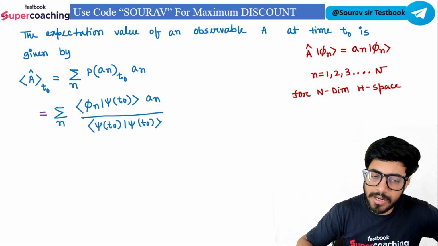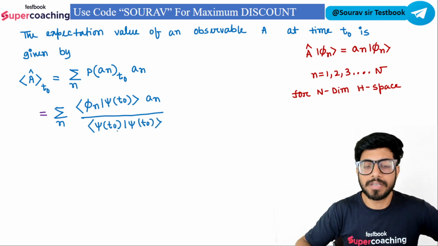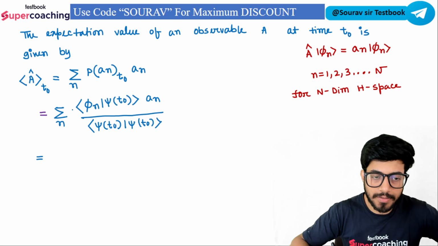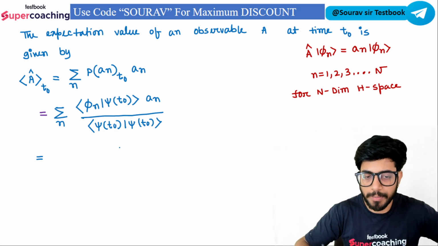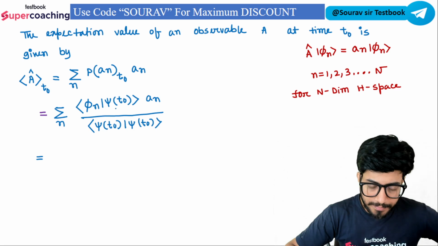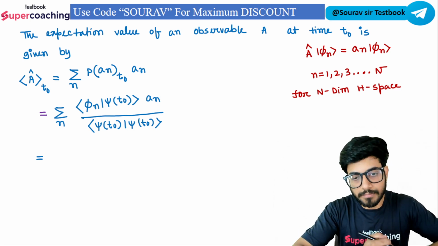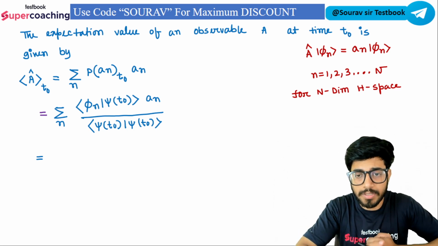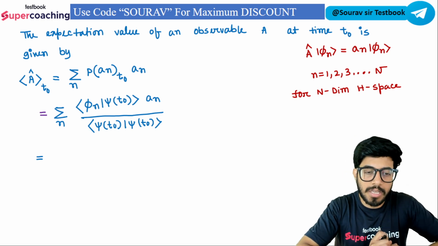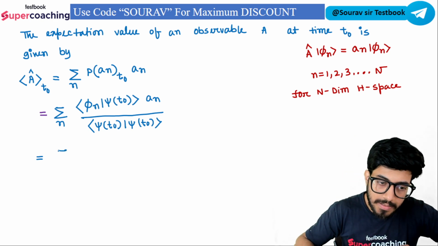See, this is a constant quantity. You don't have to worry about that. On the next line, the summation over n does not affect this quantity. Just because we know that an should be real, because A is a Hermitian operator, can I write it down this way?